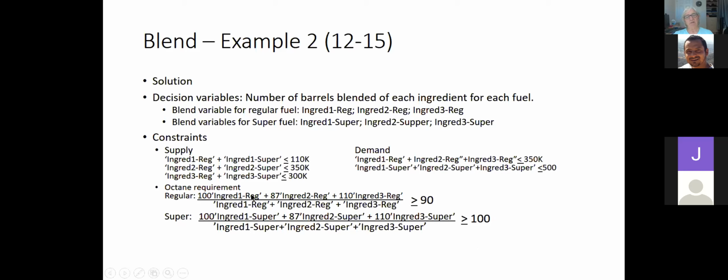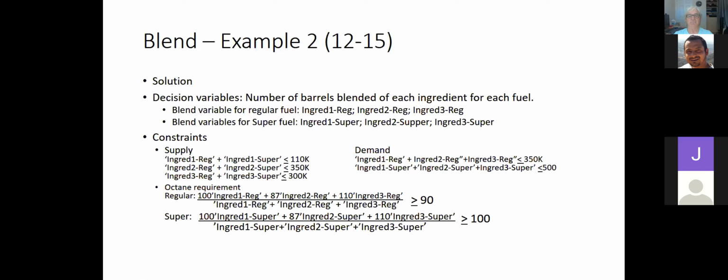I take 1 barrel of ingredient 1, I take 1 barrel of ingredient 2 and mix them. I now have 2 barrels. What is the octane of this mix? 100 times 1, plus 87 times 1, divided by 2. 1/2 and 1/2 is the relative weight of each one of these 2 ingredients in a mix of 2 barrels.